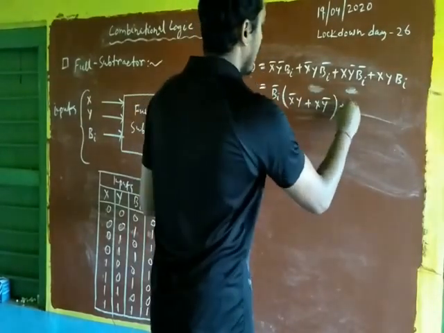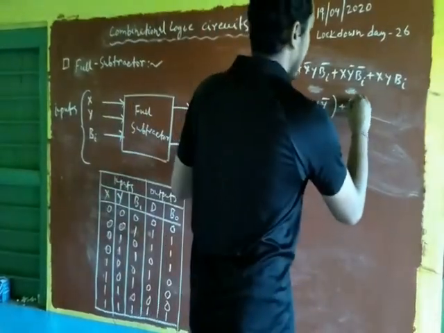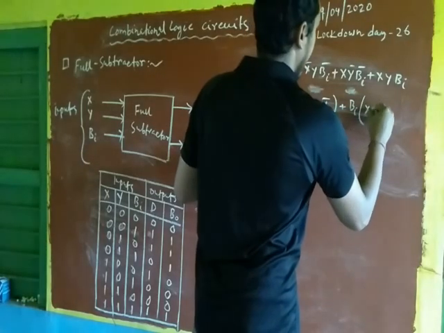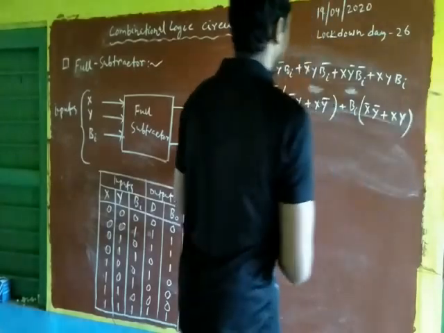Now from the first and last terms, if we take bi common, we get x bar y bar plus x y.